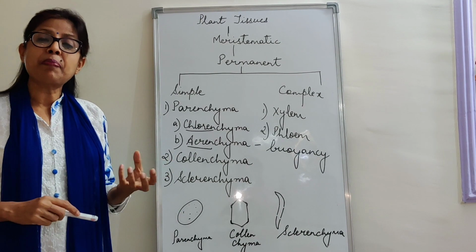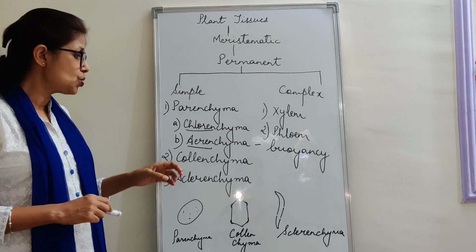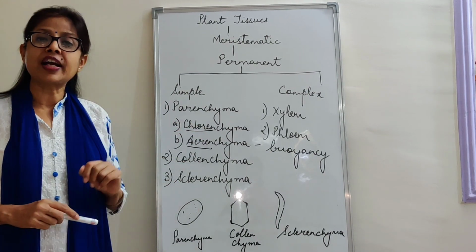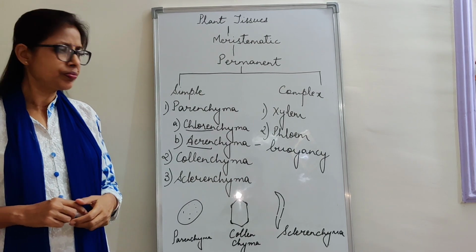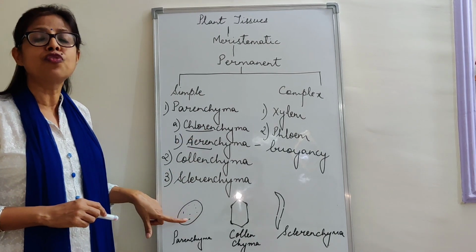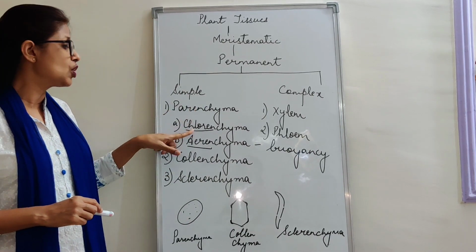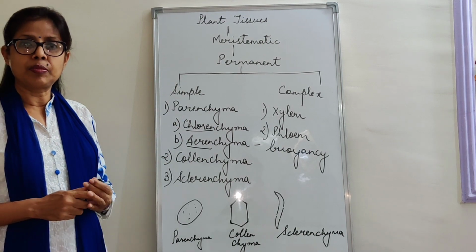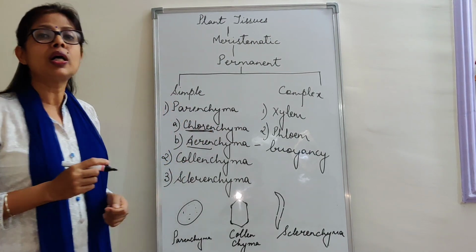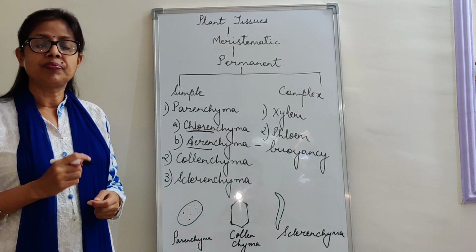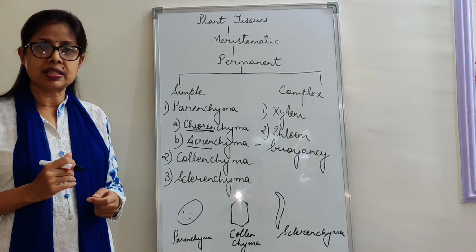They are loosely packed within the plant tissues, and they perform photosynthesis. When they perform photosynthesis, instead of calling them parenchyma, we call them chlorenchyma. The word chloro comes from chlorophyll. That means it performs photosynthesis.